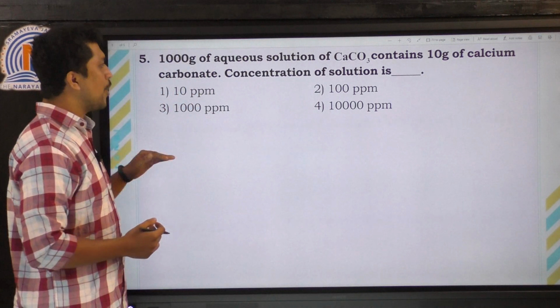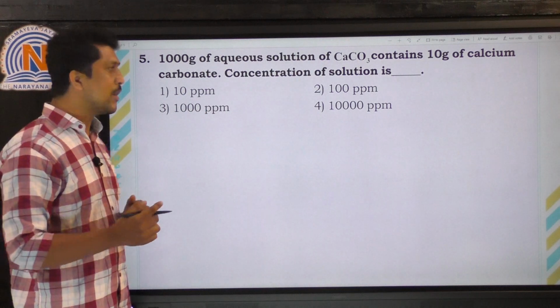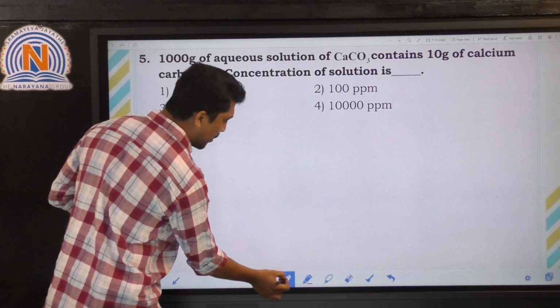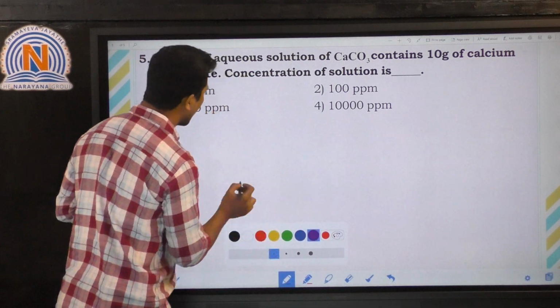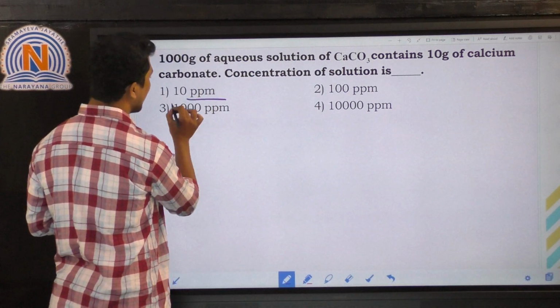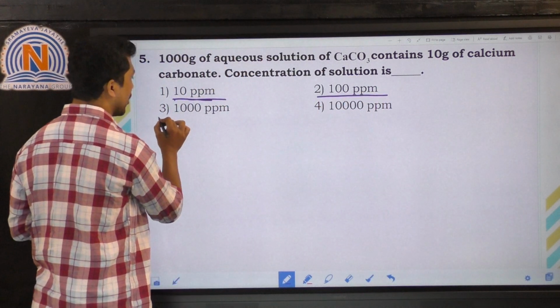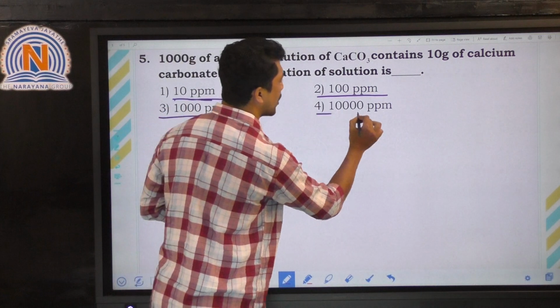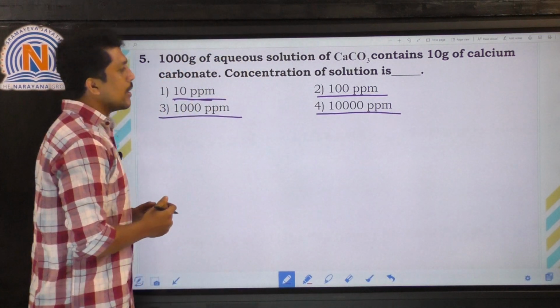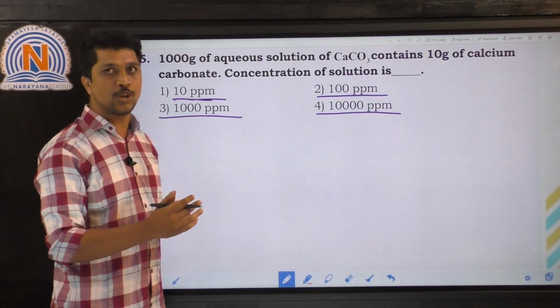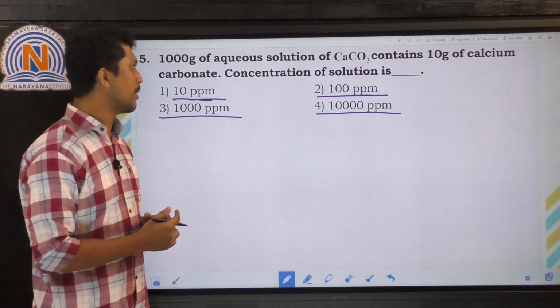If you observe the options, all the concentrations are given in terms of parts per million. First option 10 parts per million, second option 100 parts per million, third option 1000 parts per million, and fourth option is 10,000 parts per million.